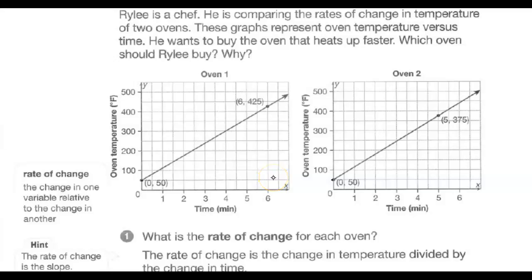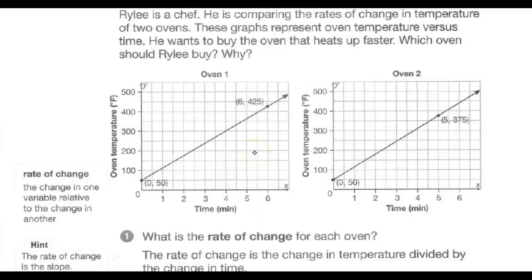So they're very close if you look at them in terms of their slope. You could actually get a ruler out and just move it over, see which is steeper, because the scale is the same. They're both going up to, I guess, essentially 8 minutes, and temperature of 550.